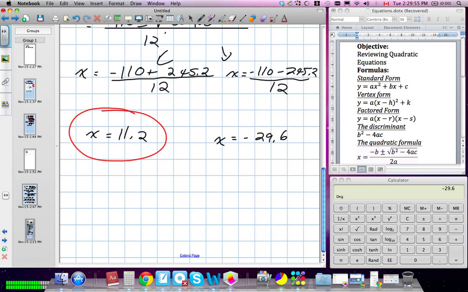So we have 2000 plus 11.2. So in the year 2011, and 0.2 would be maybe 2 months, 3 months, I think it's 3 months. But essentially in the year 2011, the population will equal 6,000 people.